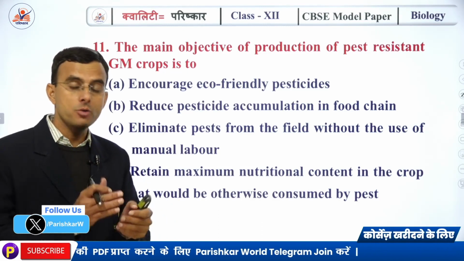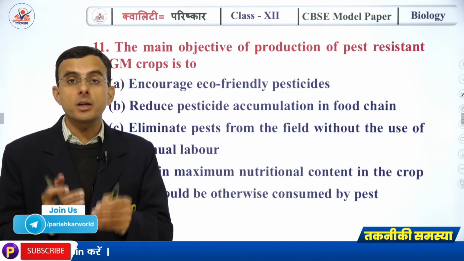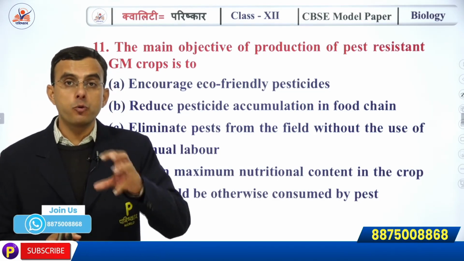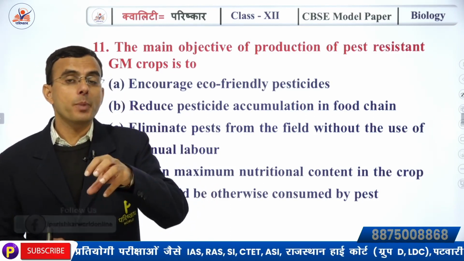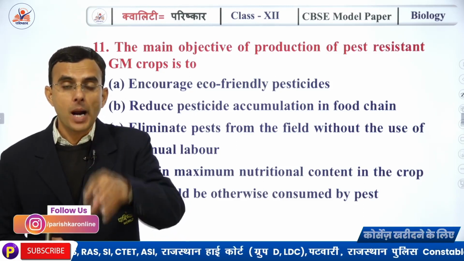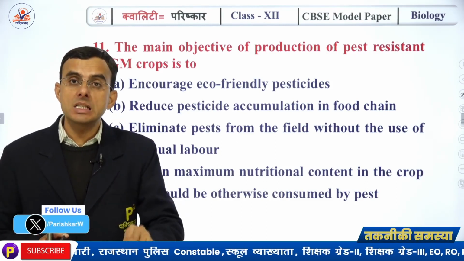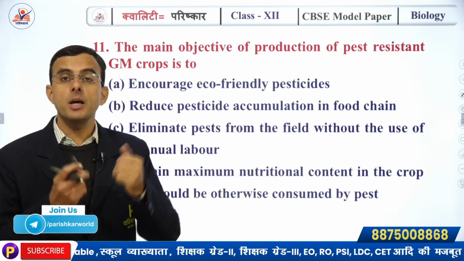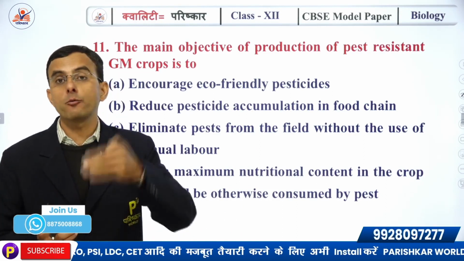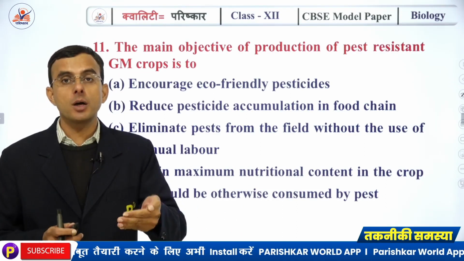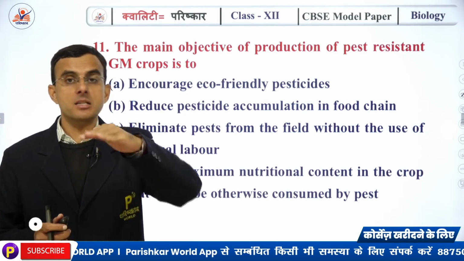We know there is an ecological concept in which organisms are organized hierarchically according to food habits. If we are applying pesticides at the primary level, that is the production level, then the plants keep on accumulating those pesticides, and the pesticides keep on accumulating in the food chain, and ultimately go to the animal at the highest level of the food chain.